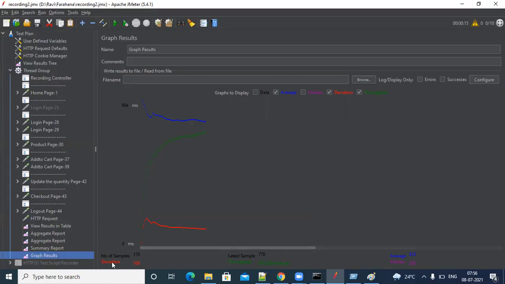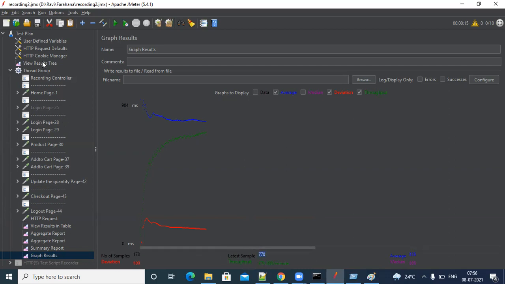These three values: deviation 109, throughput, and average. And the number of samples means that in this particular time it triggered 178 APIs. The latest sample is the last request's response time.